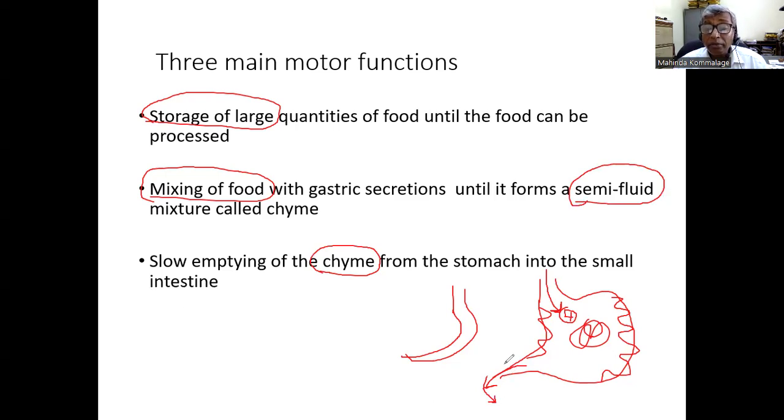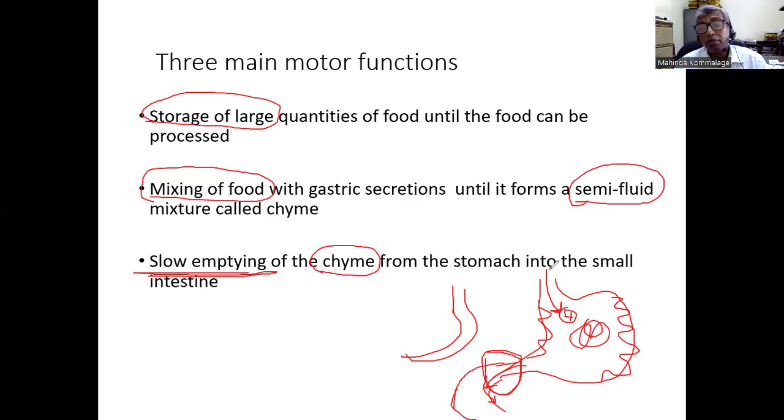So this chyme, when it is released to the duodenum, is released in a very regulated manner by this valve here, the gastroduodenal valve, right? So slow emptying also is a part of the function of the stomach.